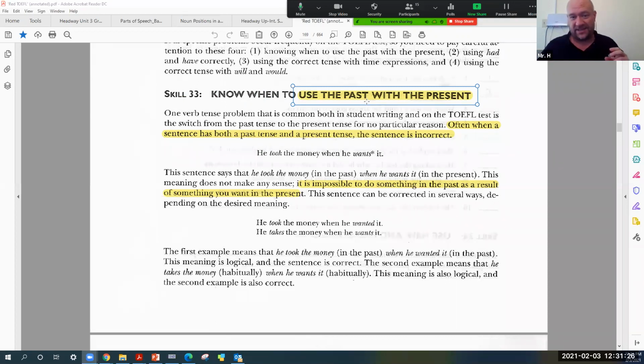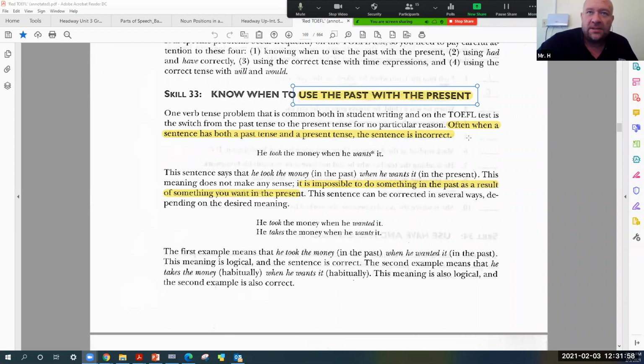Sometimes you can't put the past tense with the present tense in one sentence, but other times you can. So what you have to see is, when can I do this? When is it not correct?